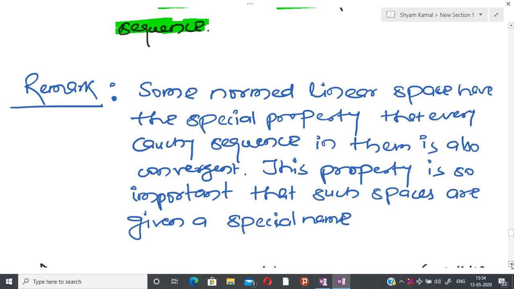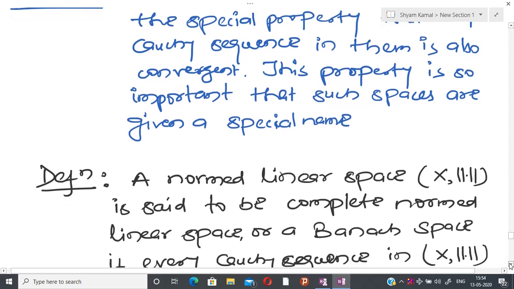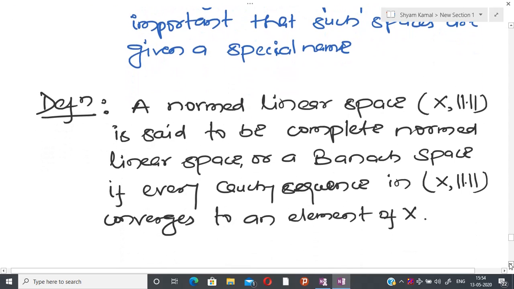And I have already told you that this property is not always true for all kinds of normed spaces.